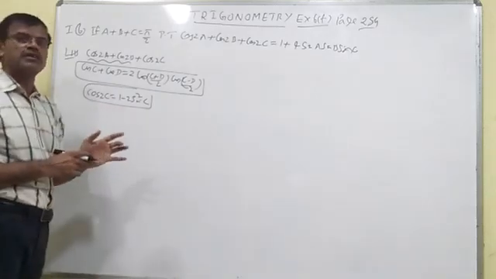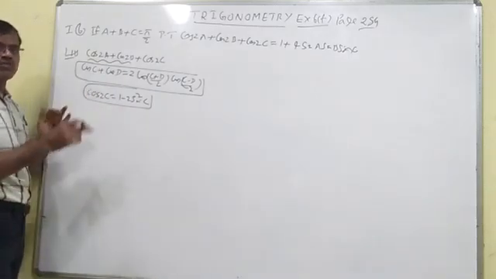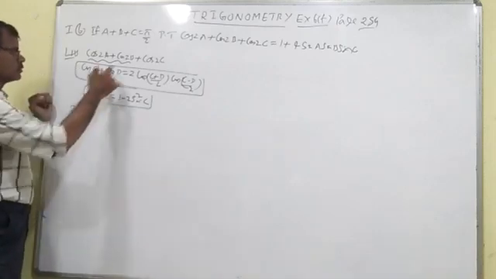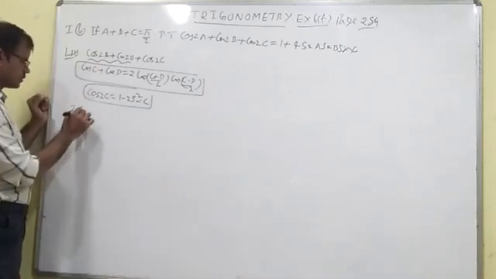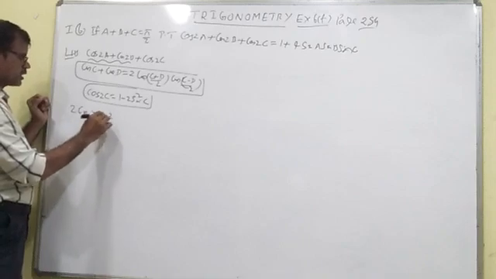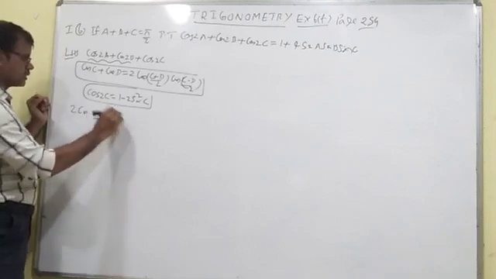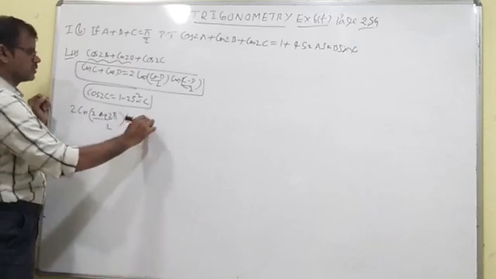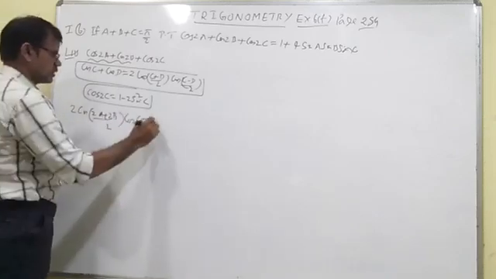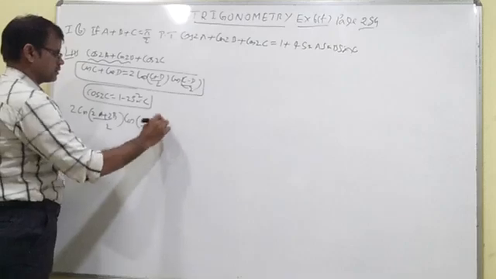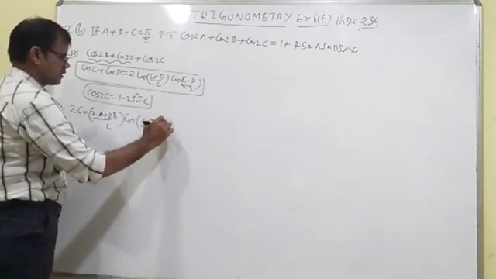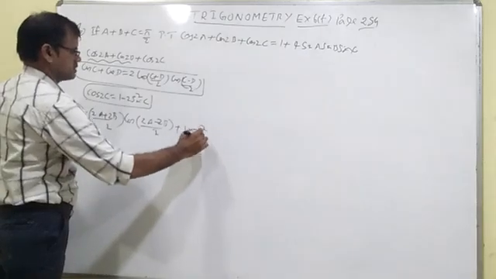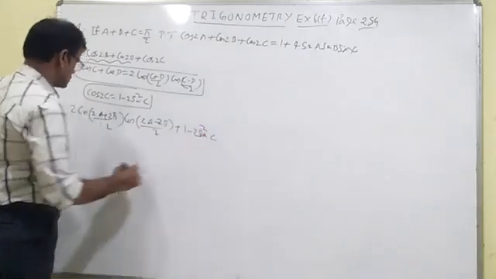Each and every formula I said under the heading multiple angle, submultiple angle. Now, 2 cos of (2a plus 2b) by 2 into cos of (2a minus 2b) by 2, plus 1 minus 2 sin square c.